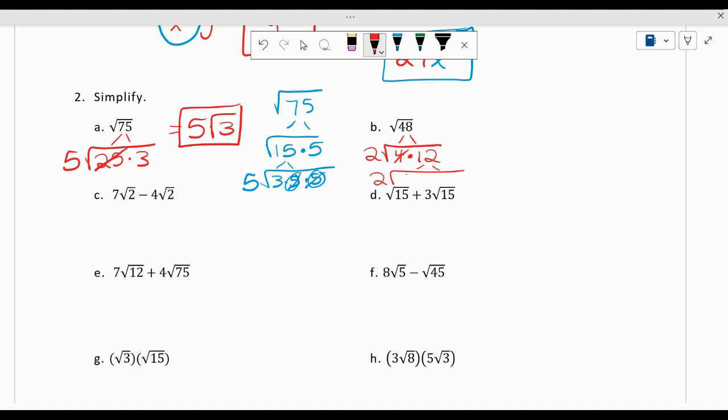Two numbers that multiply to 12 are 4 and 3. 4 is another perfect square. 3 is left, as we talked about in the last problem. 3 is not a perfect square, does not have a pair, so that means that my answer is 4 radical 3.